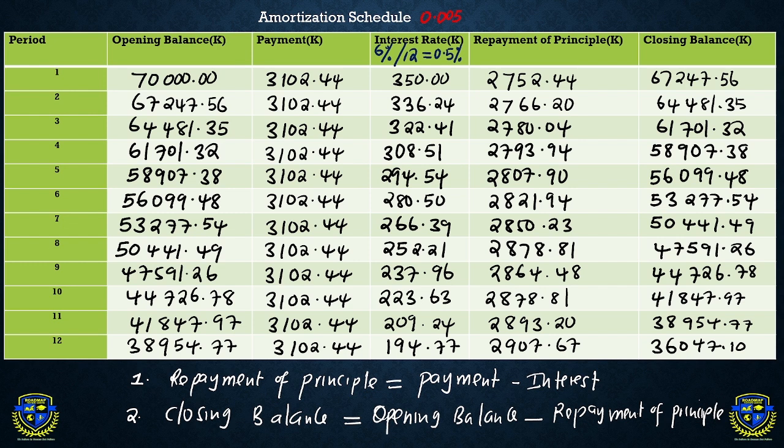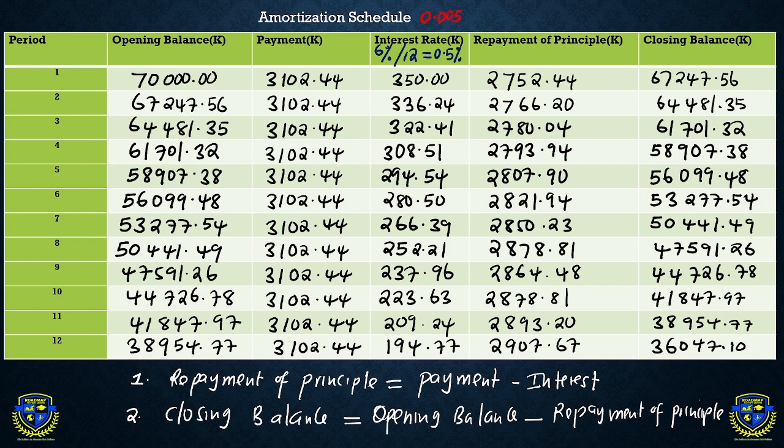Okay, we continue. We look at period 13 and the rest of the periods. So we are done with the first year. Going to the next year, because this was supposed to be paid in 2 years.